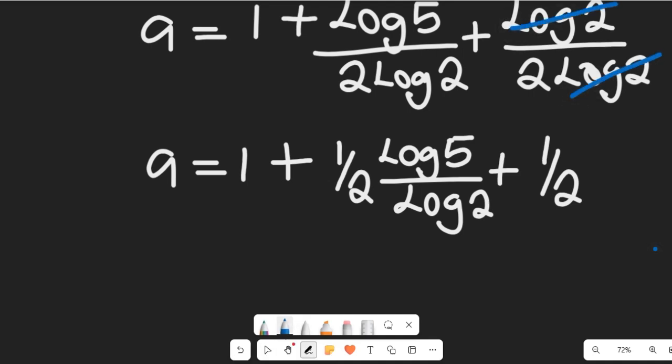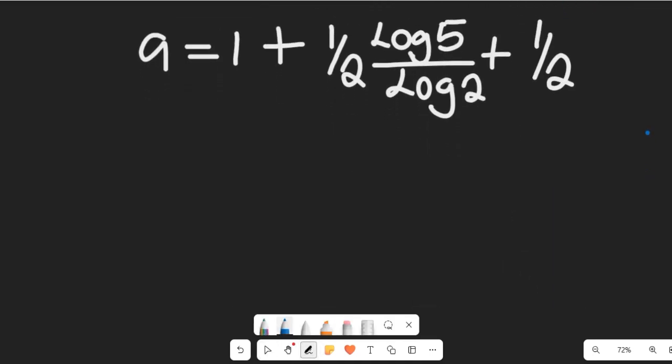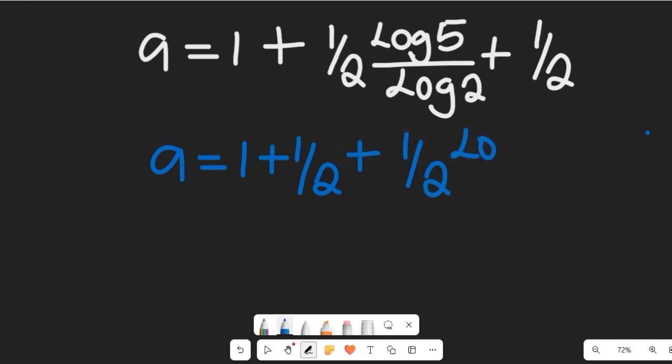So in the next step, I'm just simply going to add up the fraction. So I'll have a equal to 1 plus 1 divided by 2 plus 1 divided by 2 log 5 divided by log of 2.